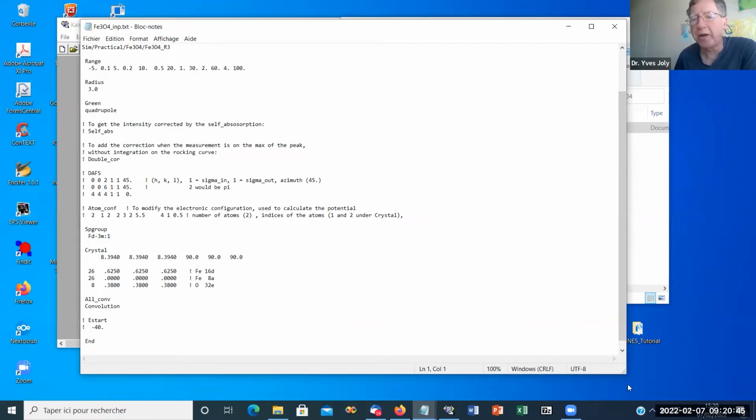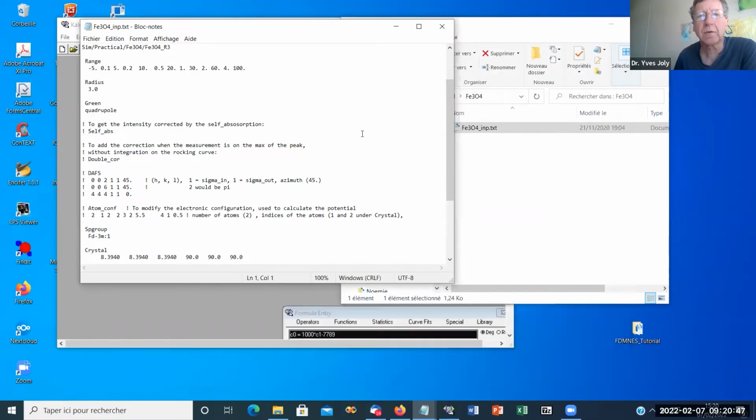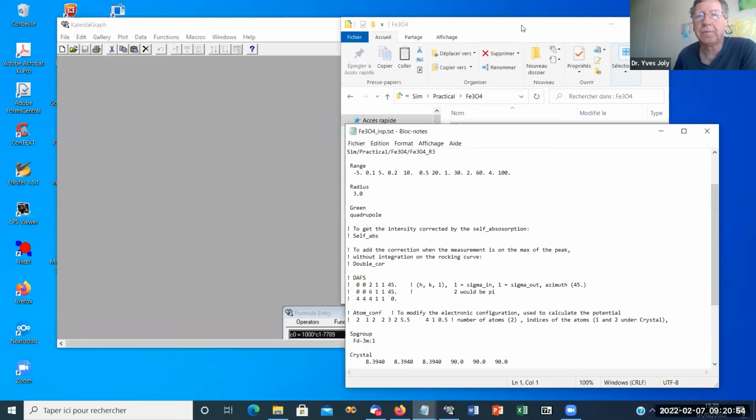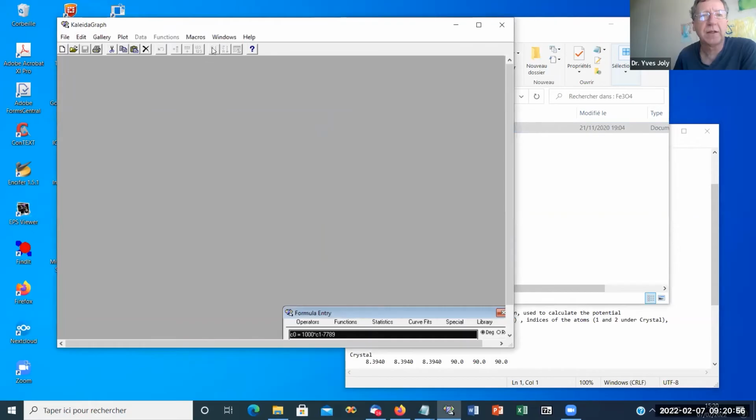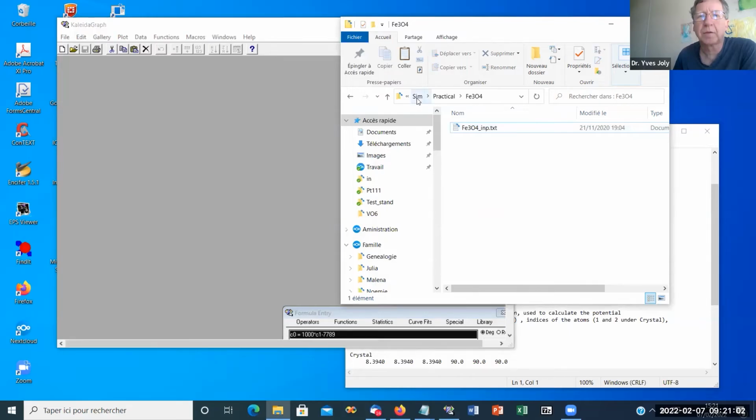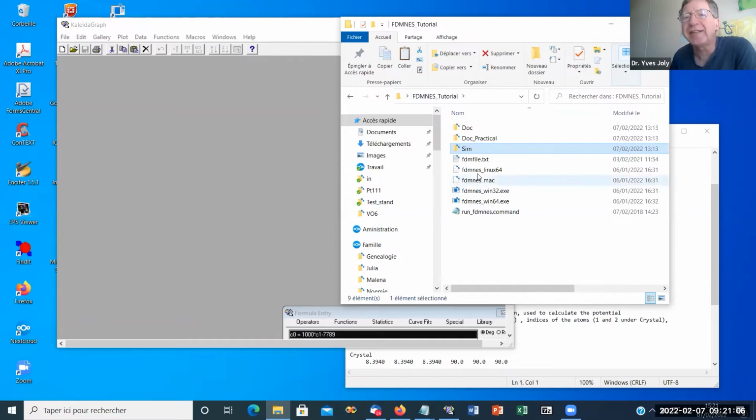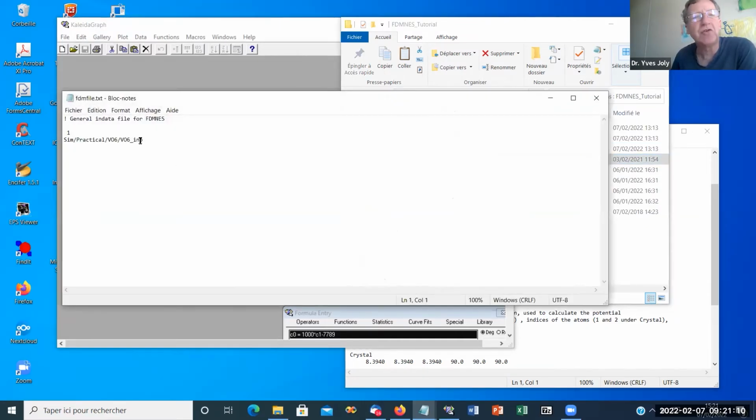So we start with a small radius. Now, because it's another in data file, you remember this file, FDM file.txt, we have to change the name.